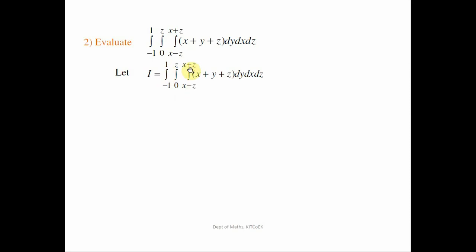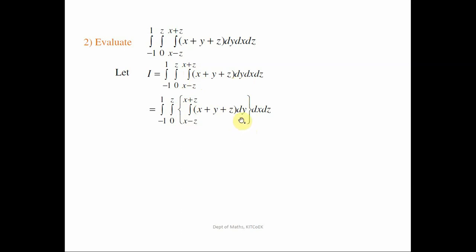So as the limits of inner integral x minus z to x plus z are functions of two variables x and z, we will need to integrate first with respect to y, keeping x and z constants. Hence the first integral which we have to evaluate is integration x minus z to x plus z, x plus y plus z dy. I will write this integral inside bracket. So this bracketed integral we will need to evaluate first with respect to y.